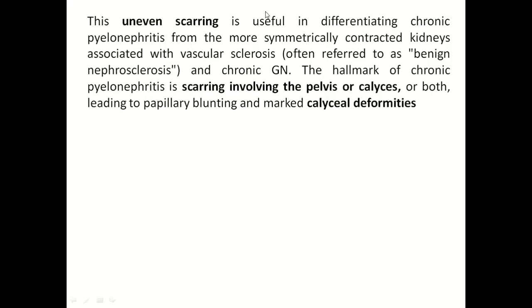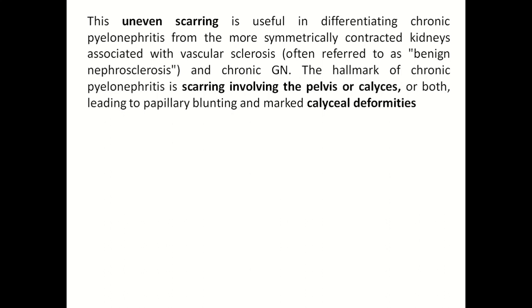This uneven scarring is useful in differentiating chronic pyelonephritis from the more symmetrically contracted kidney. The other two causes, chronic glomerulonephritis and benign nephrosclerosis, have symmetrical contraction of the kidney, right?